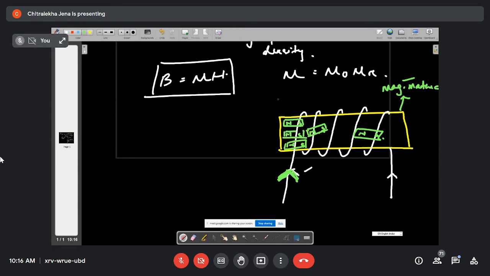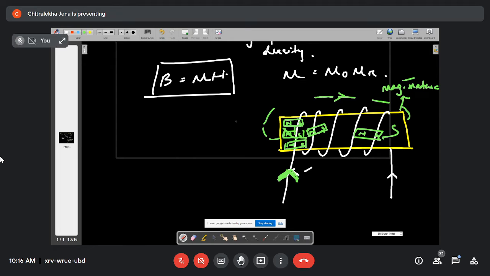So what will happen? You will get a complete North Pole here, and this one is your South Pole. Magnetic flux will emerge from the North Pole and enter at the South Pole. This is how magnetic flux is created; this is nothing but an electromagnet. You are passing an electric current through a coil wound over a magnetic material.